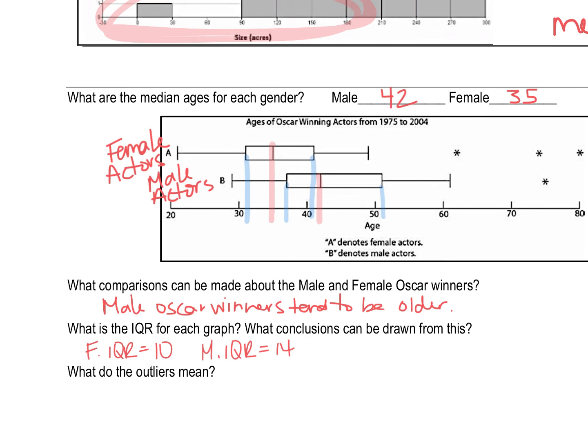So for girls, it's within a 10 year range, and for guys, it's within a 14-year range. So I'm going to say that the male Oscar winners, their ages are more spread out. So I think that's a good way to describe this bigger IQR of 14 years.